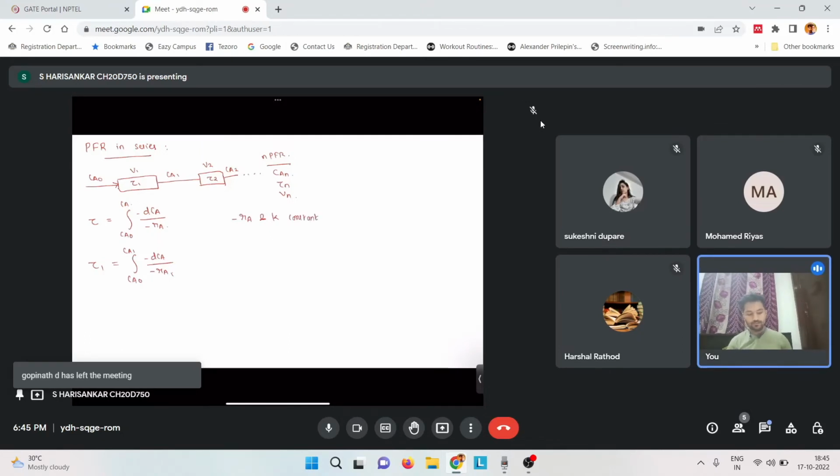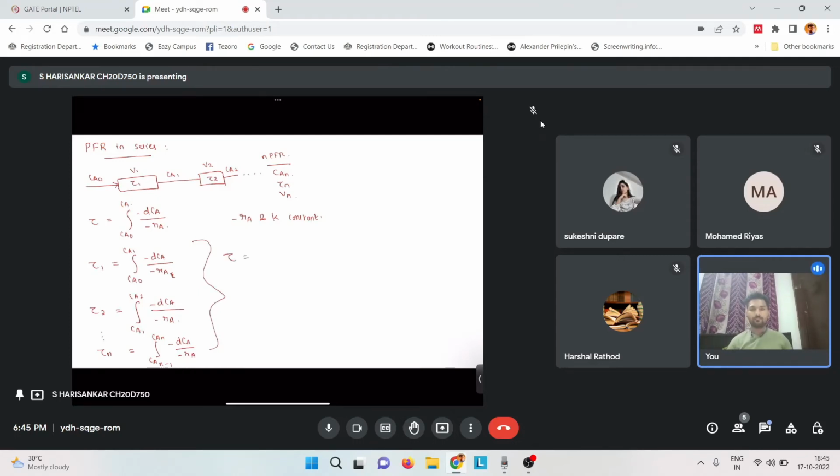So we'll just take it as minus Ra. If we write the same design equation for tau 2, it will be the integral from CA1 to CA2 of minus dCA by minus Ra. You can write this up to tau n, which is the integral from CAn minus 1 to CAn of minus dCA by minus RA.